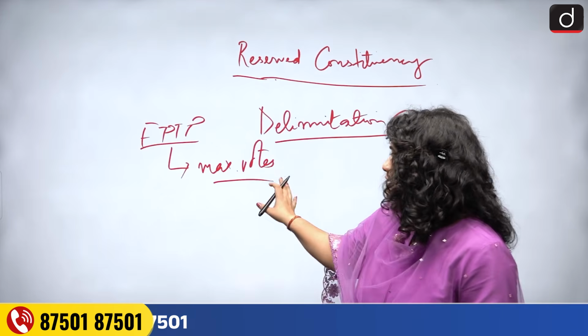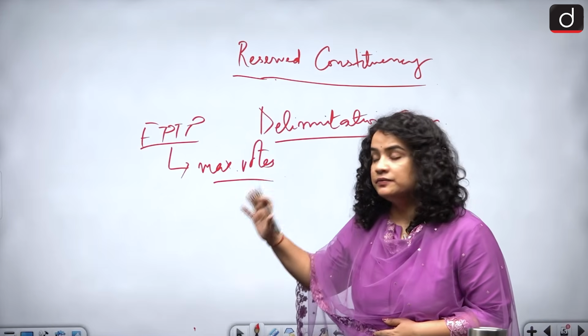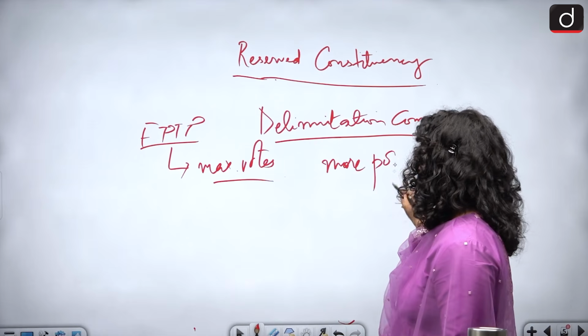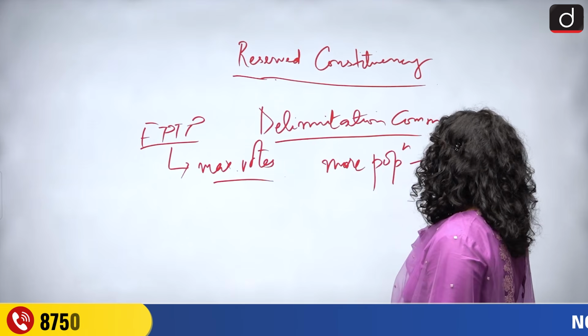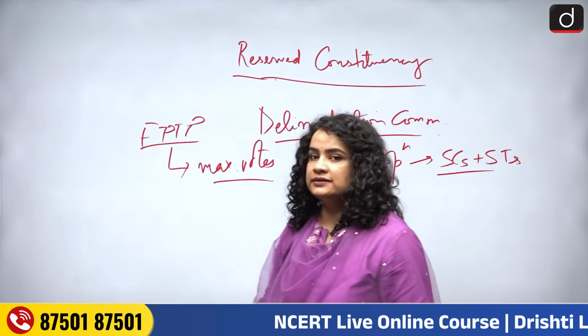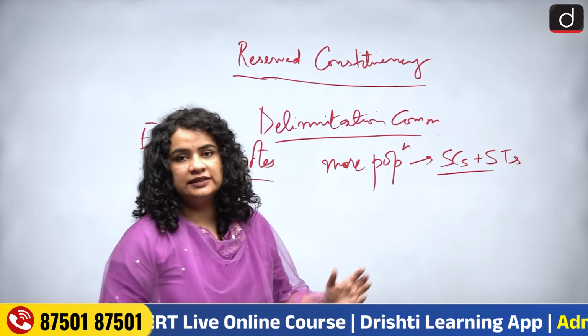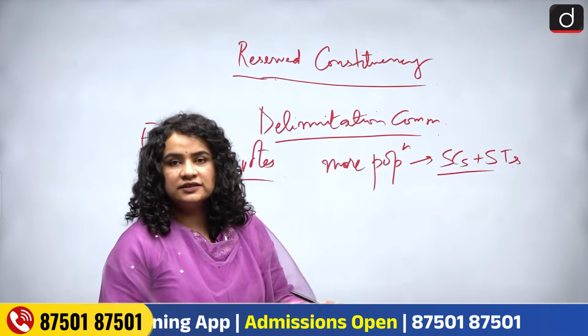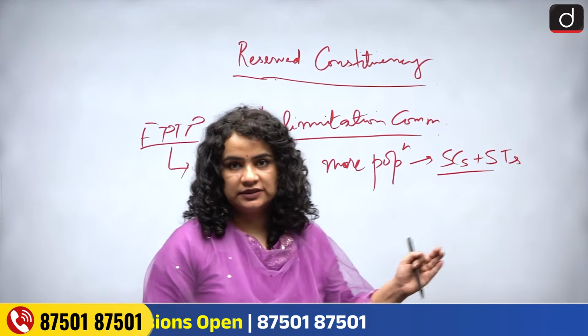Wherever the Delimitation Commission sees that there is more population of SCs and STs, the scheduled tribes and the scheduled castes, those constituencies are marked as, or selected as, or considered reserved constituencies.